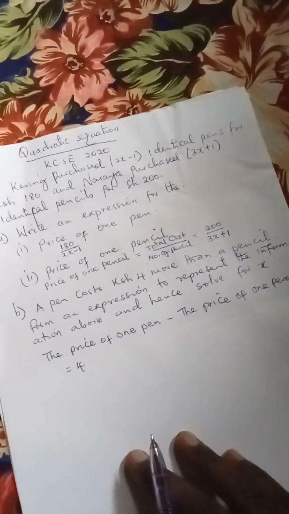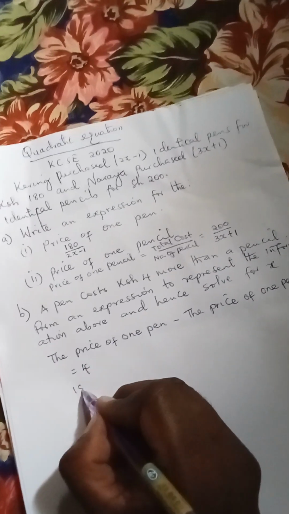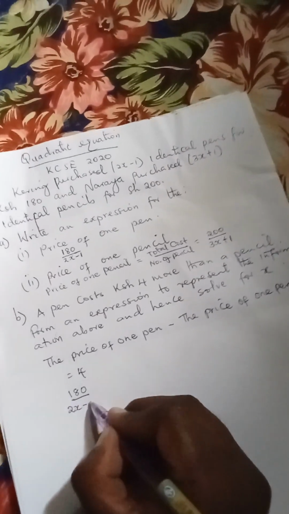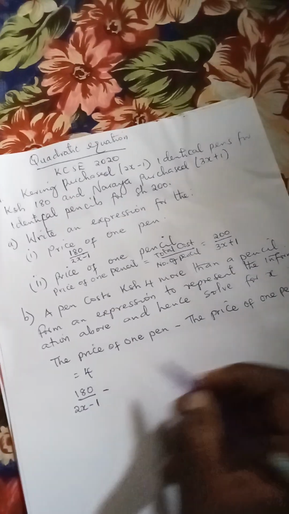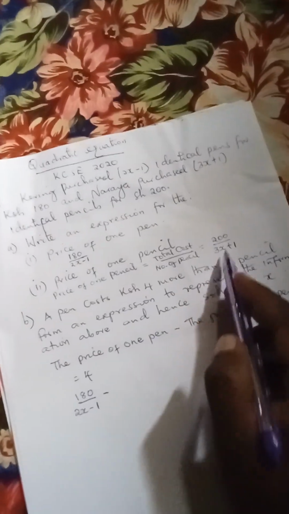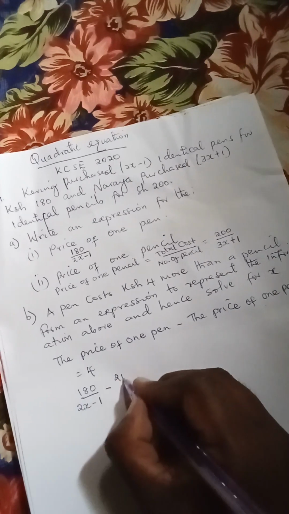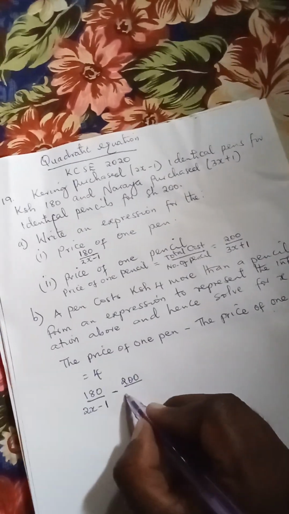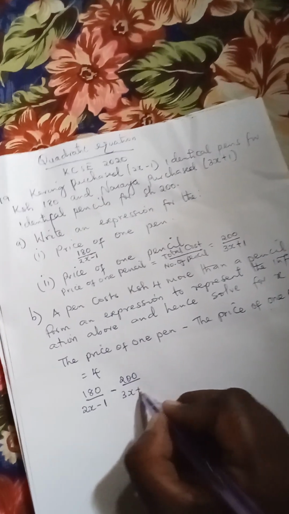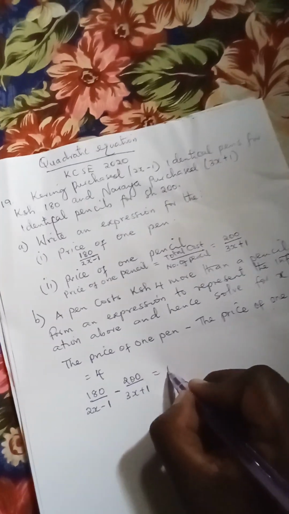We know the price of 1 pen, which is 180 divided by 2x minus 1, minus the price of 1 pencil, which is 200 divided by 3x plus 1. This should give you 4.